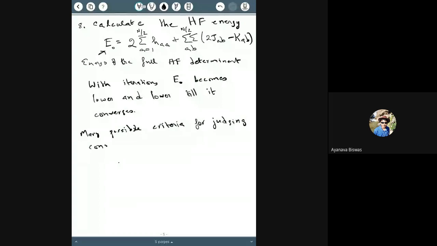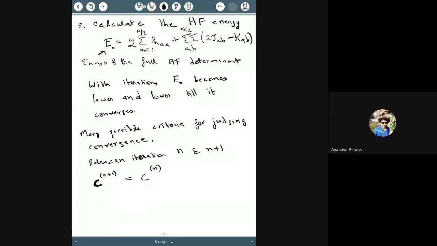Say between iteration n and n plus 1, you can either see if all the coefficients of n plus 1, so this is the full matrix C, are equal to C at n.